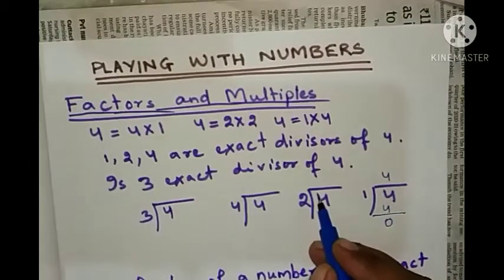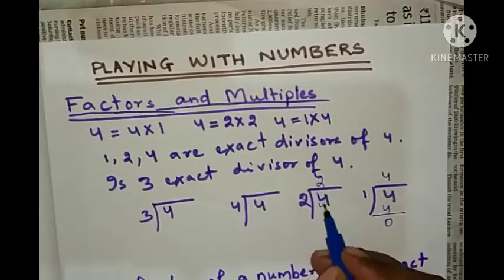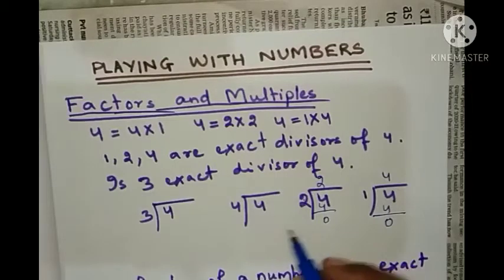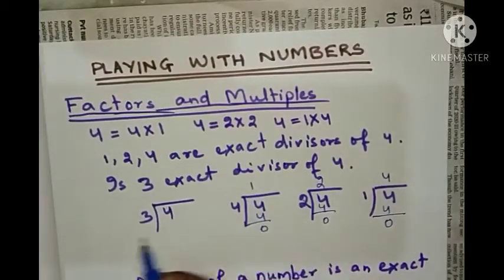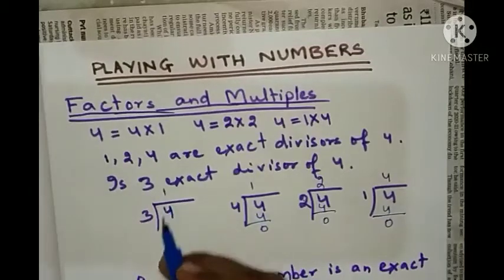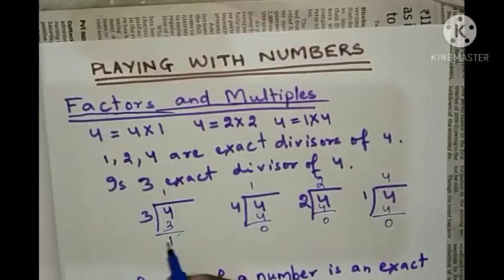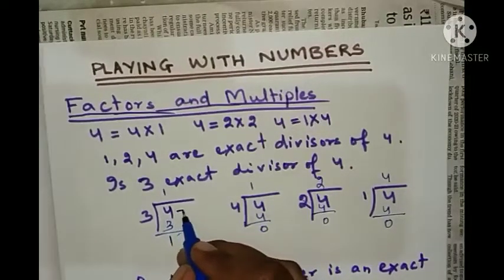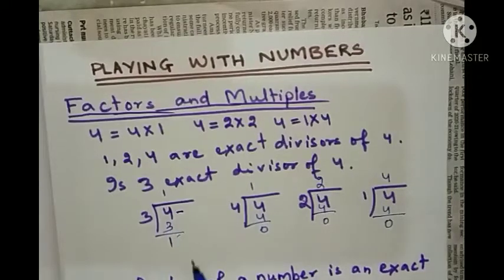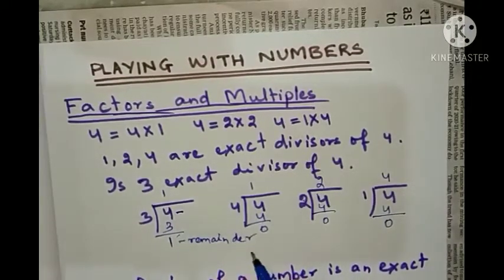Then if we divide 4 by 2, 2 twos are 4. What are you getting? 0. Then 4 by 4, 4 ones are 4, 0. But if we are dividing 3 by 4, 3 ones are 3, what are we getting? 1. This is our remainder, 1.